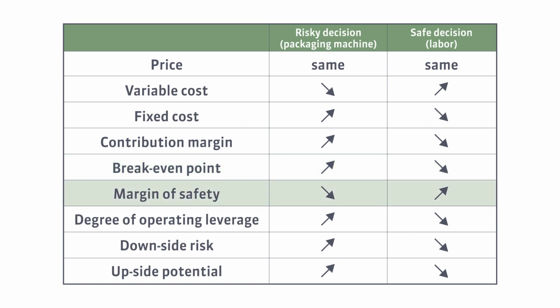For this reason, the margin of safety will also be higher for the safe version. However, the risky version will have a higher operating leverage. This means a higher risk when sales decline and greater potential income when sales increase. Be careful, high operating leverage can work against your business.